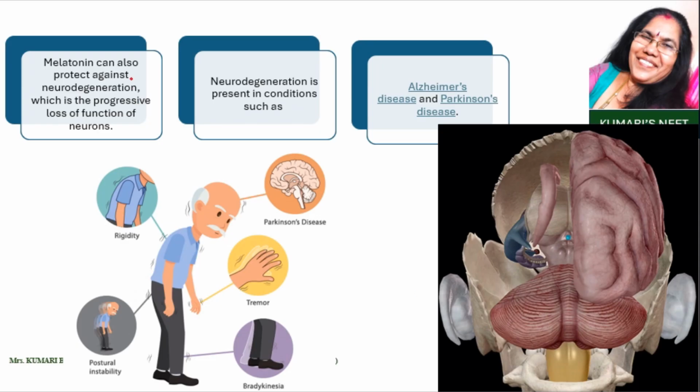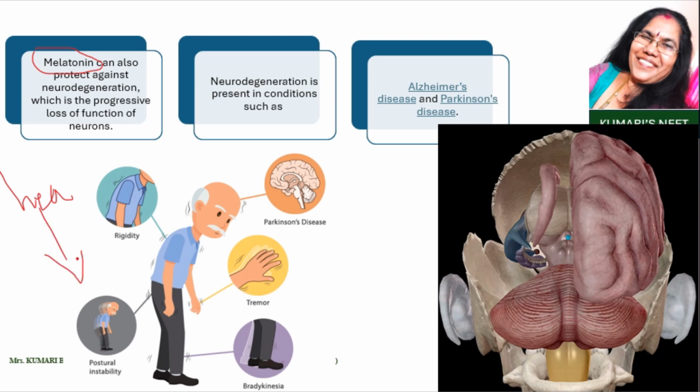And if melatonin is not secreted in a proper way, what happens we will see. I told you melatonin is very important for a healthy body as well as a happy mind. It protects our body against neurodegeneration.